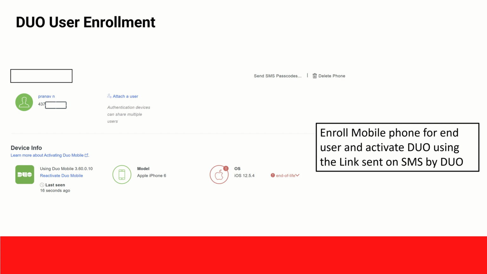I have created a test user of my name and added my mobile number, and when I clicked on get an SMS activation code, I received an SMS link using which I activated my mobile for Duo MFA, and later on it got registered, and all the information regarding this specific endpoint or my smartphone has been captured in Duo, so that we can apply the contextual policies which we discussed in recent slides.